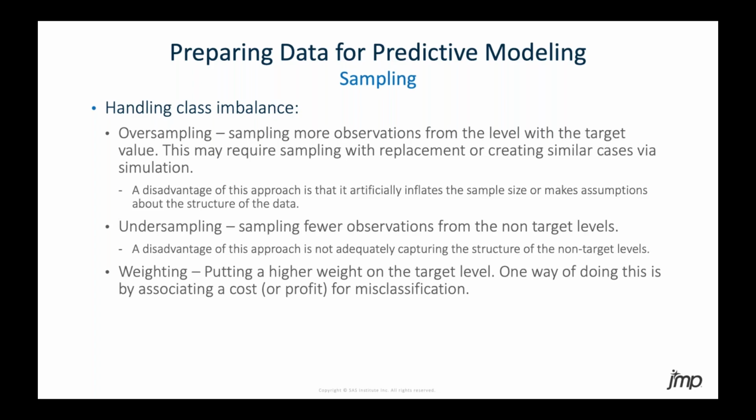I can assume that if I misclassify a donor as a non-donor, I'm going to lose some measure of the donation, let's say the average, just to be simple. However, if I misclassify a non-donor as a donor, my cost there is just the cost of the mailing. So I can use that as an explicit way to weight my values, to weight my imbalance. So that often is very helpful.